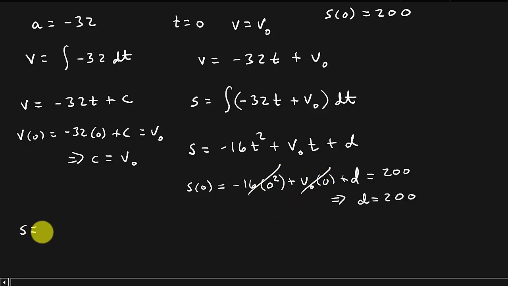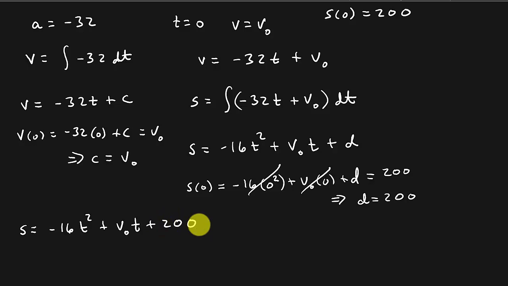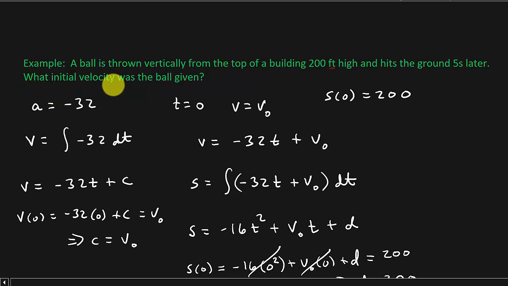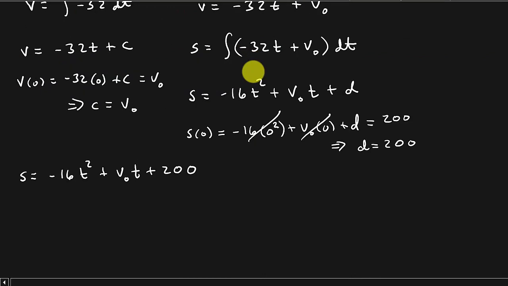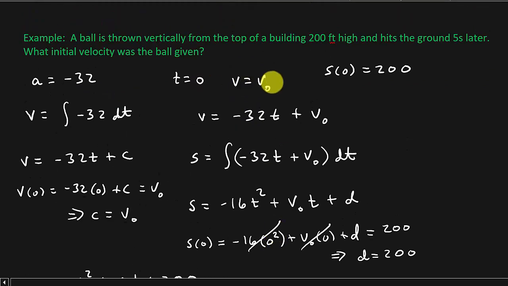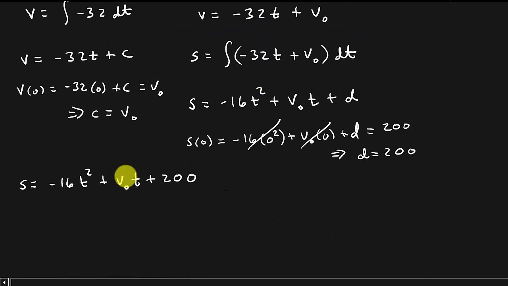And so now I have s is equal to negative 16t squared plus v0 times t plus 200. So that's my displacement function. But still we haven't found what we're looking for. We want to know what the initial velocity is, and when t equals 0, it's equal to v0. So we need to figure out what v0 is.